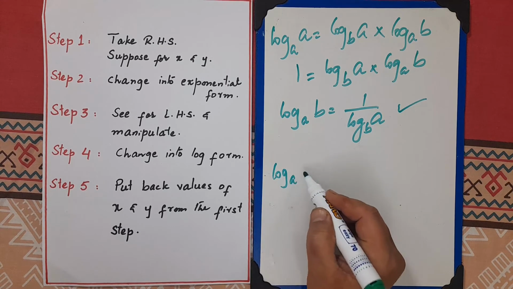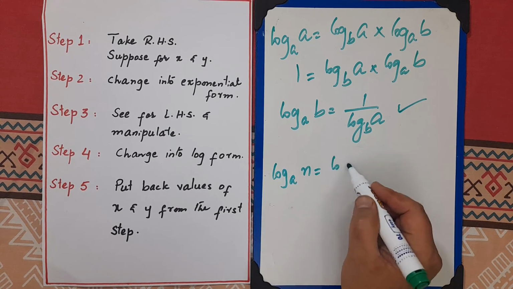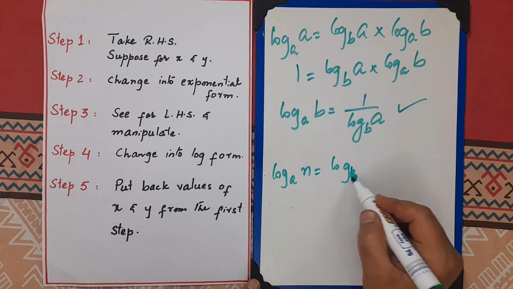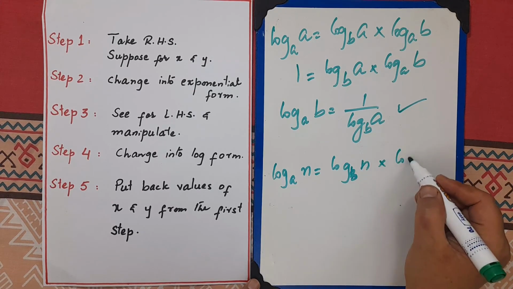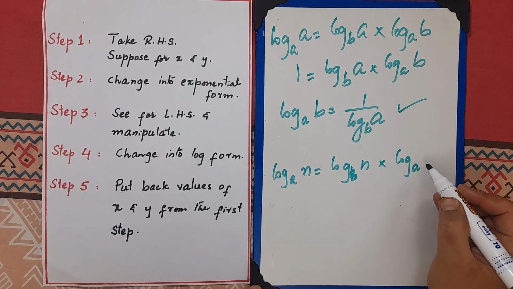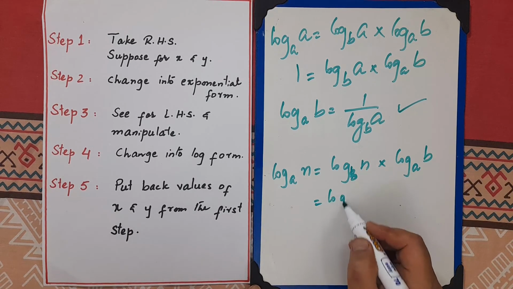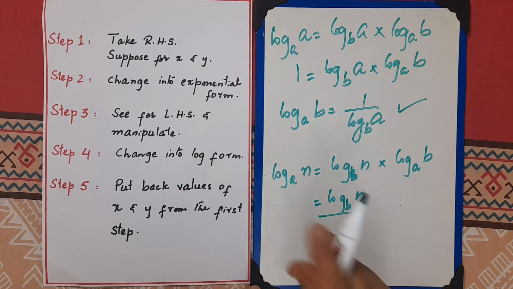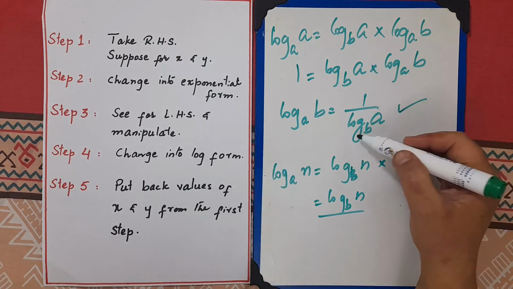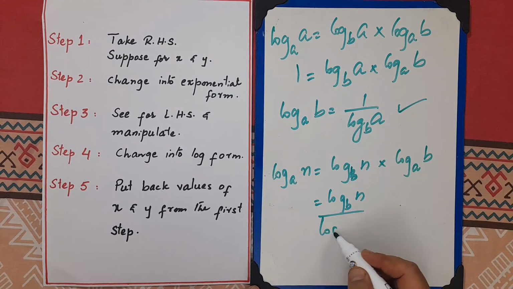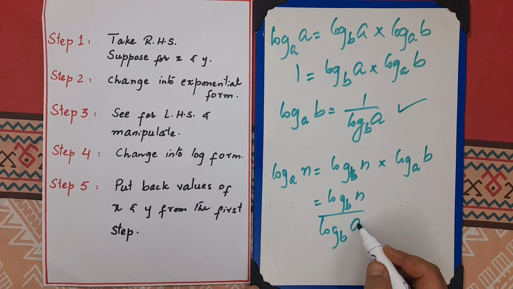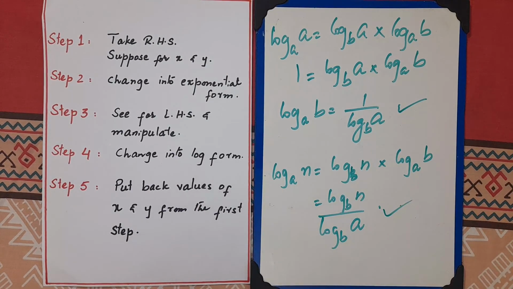Log to the base a of n is equal to log to the base b of n into log to the base a of b. Log to the base a of b is equal to 1 upon log to the base b of a, so it would be log to the base b of n divided by log to the base b of a. The second part has also been proved.